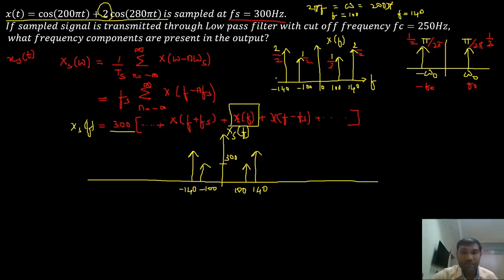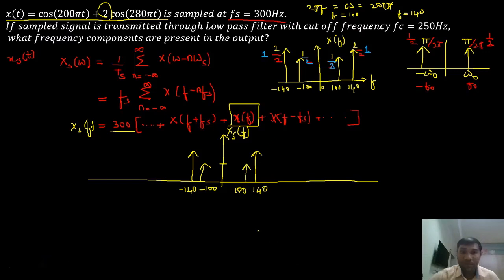So finally, what do I have? I have 1 here at 140 and 1 by 2 at 100. Sorry for the confusion.